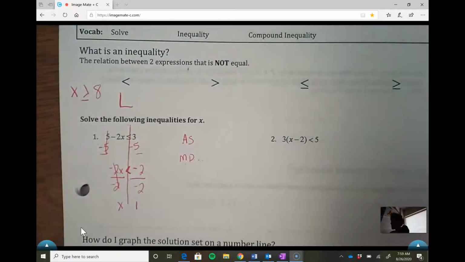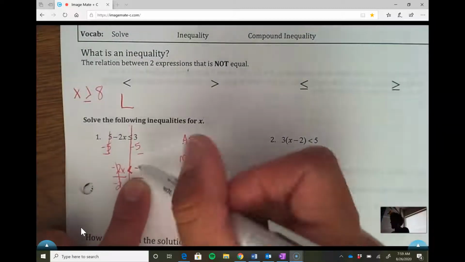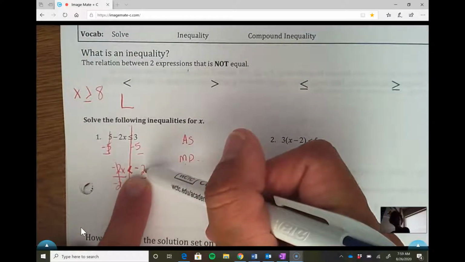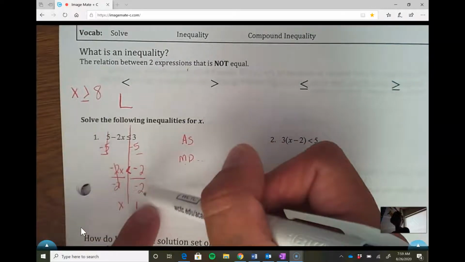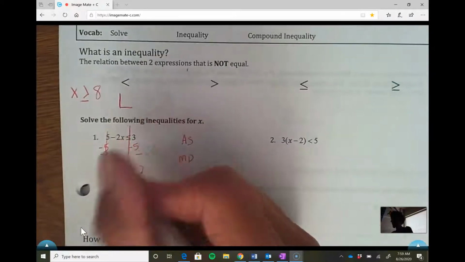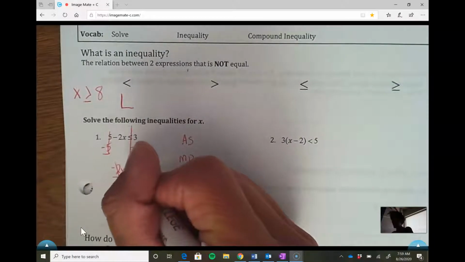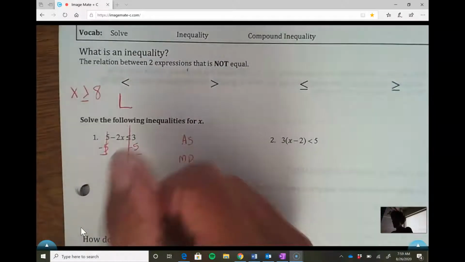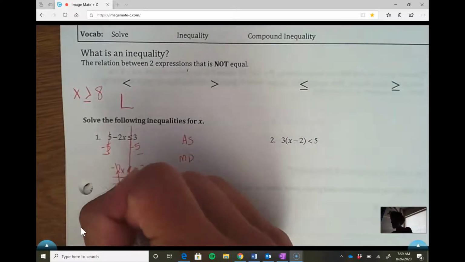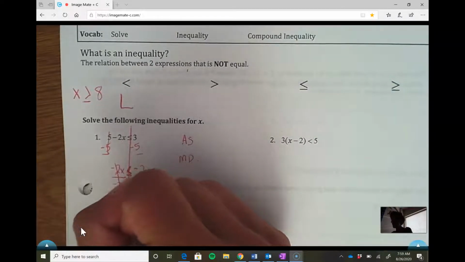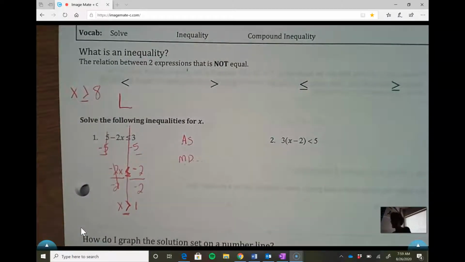The basic explanation is because this number went from a negative to a positive, and when it makes that drastic of a change, everything changes. This changes, and the x stays the same. So instead of less than or equal to, I'm going to switch it to greater than or equal to. Okay?